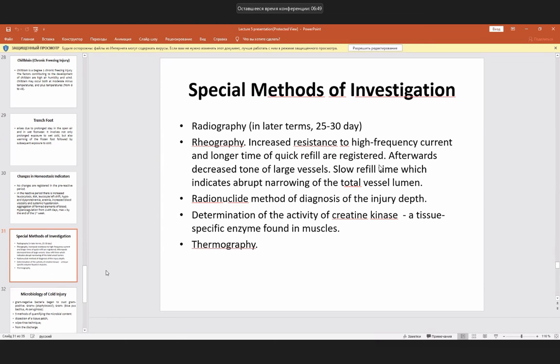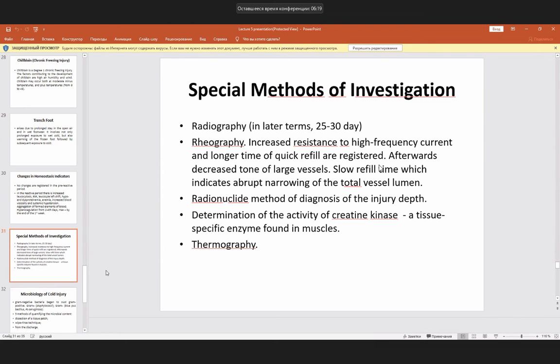Rheography: increased resistance to higher frequency current and longer time of quick refill are registered, with decreased tone of large vessels. Slow refill time indicates abrupt narrowing of the total vessel lumen.